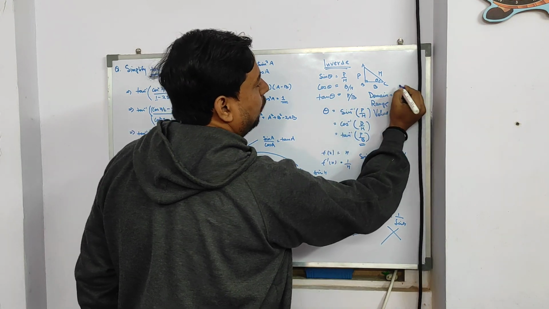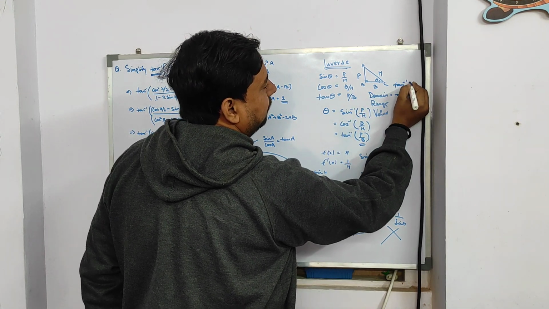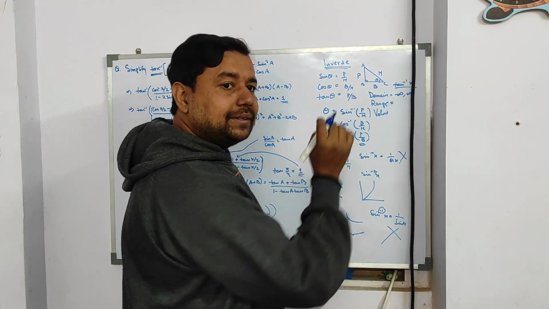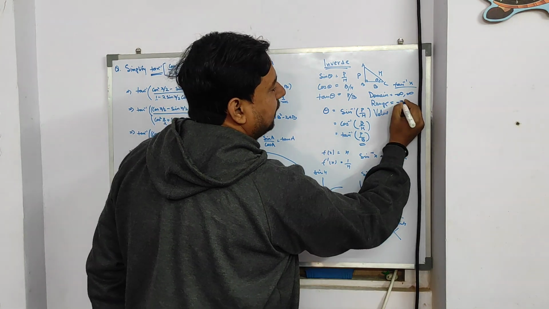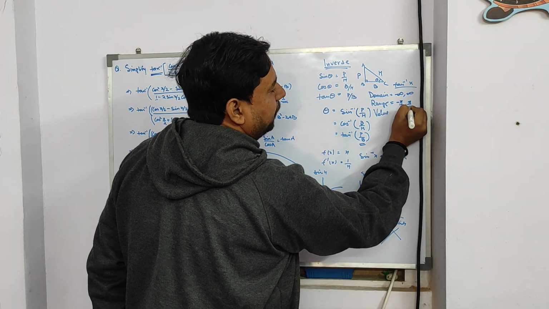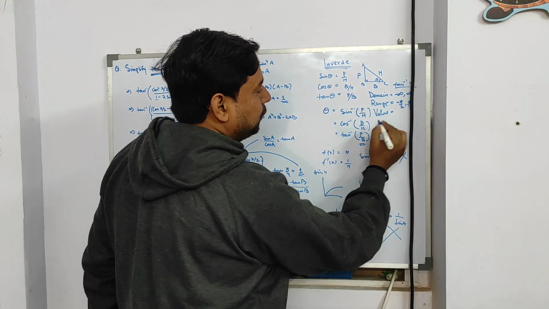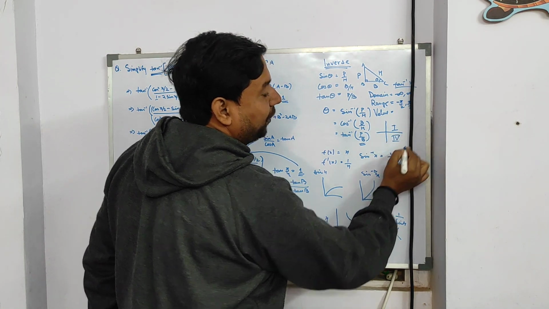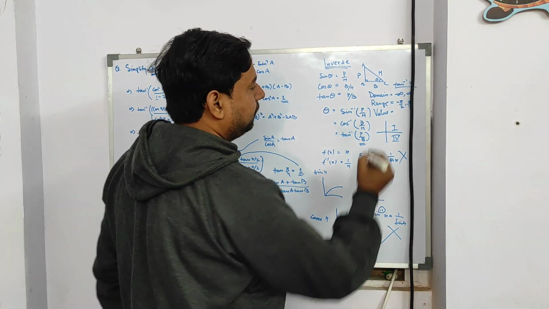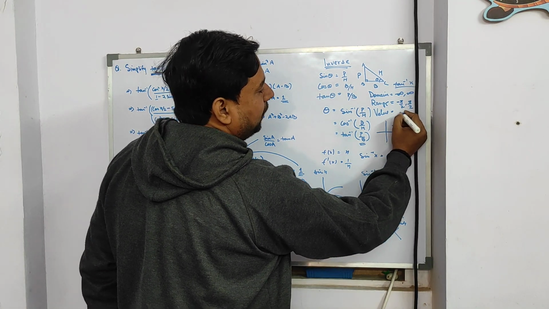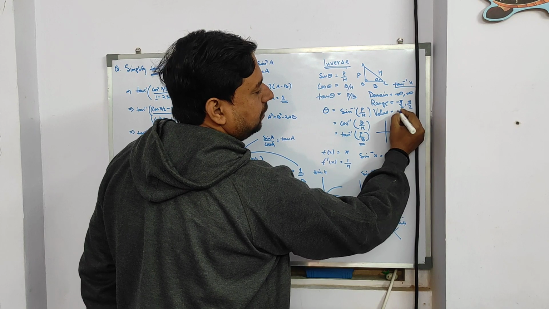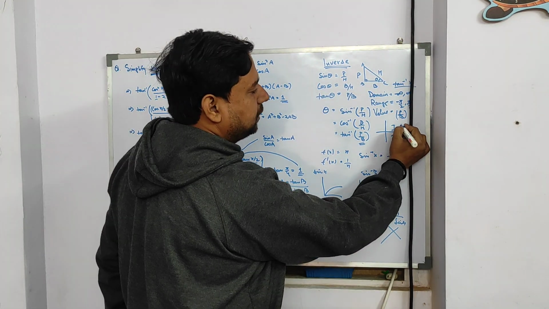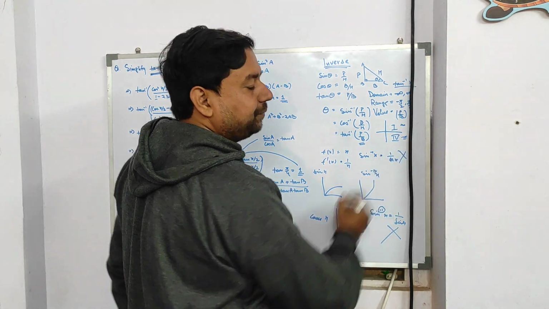Okay, I am talking about tan inverse. So range is the angle at which these values happen. So obviously it's minus pi by 2 to pi by 2. And the value: the tan value lies in the first and the fourth quadrant. Okay, so obviously the value is perpendicular upon base and lies in the first and the fourth quadrants. Here it is positive and here it will be negative.